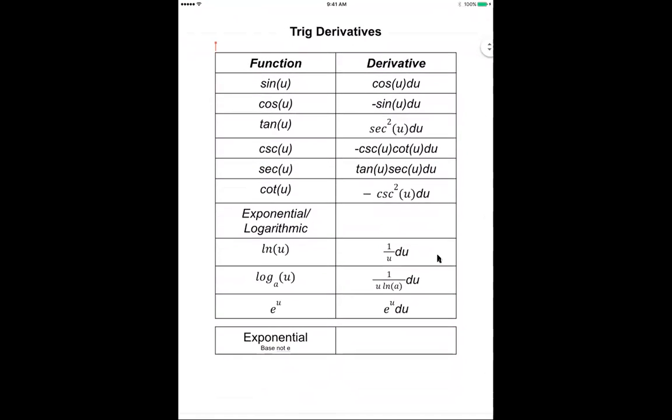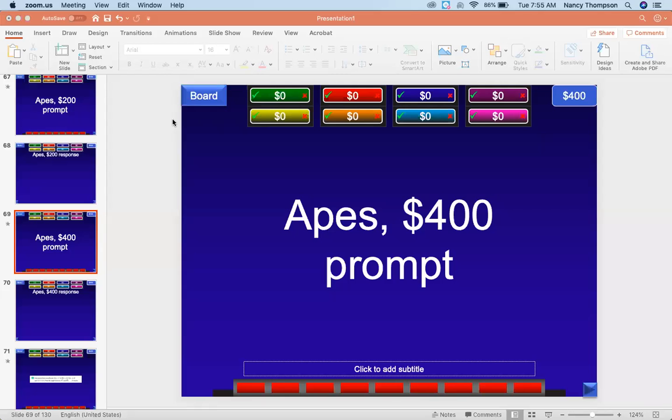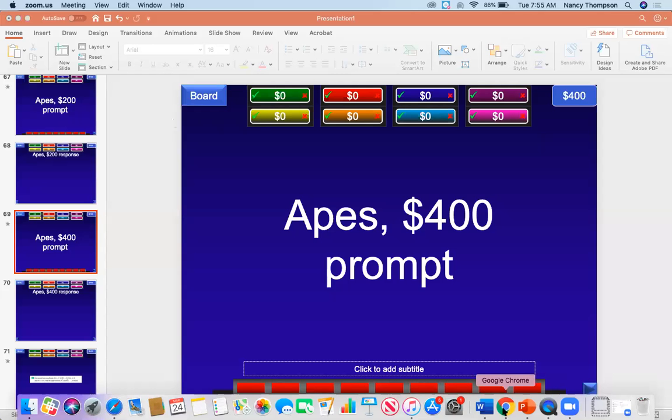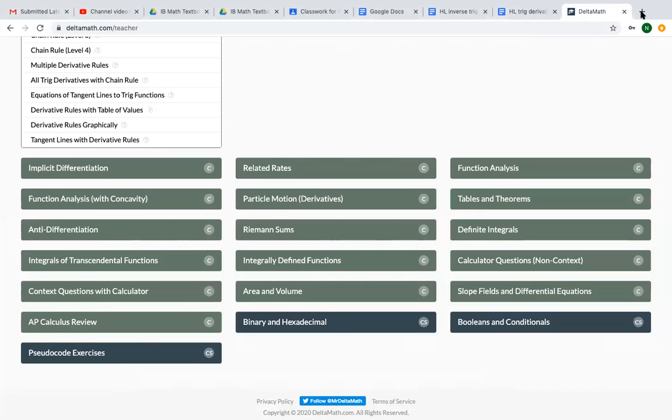So if you were to graph these and then look at the slope, that's why you come up with a different trig function. Do you guys remember looking at that? No? Okay, well, let me just switch screens and I'll do one real quick. Okay, let's see.